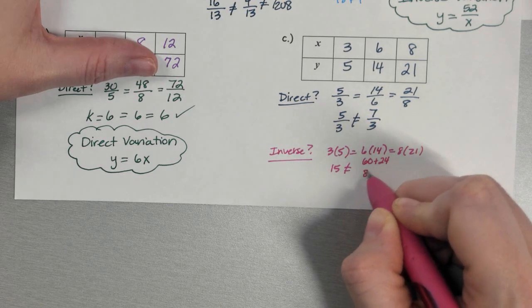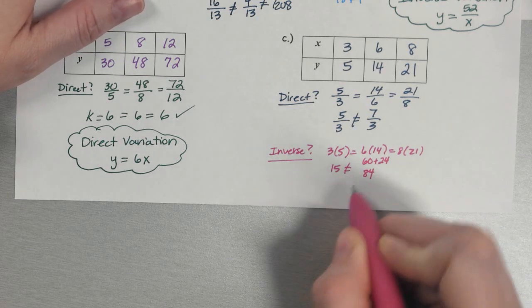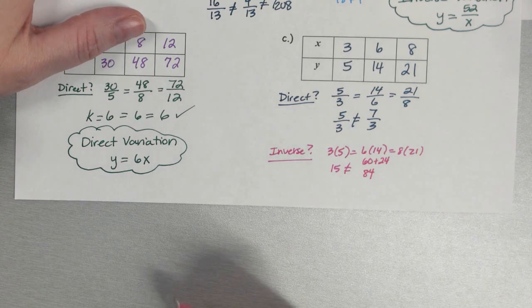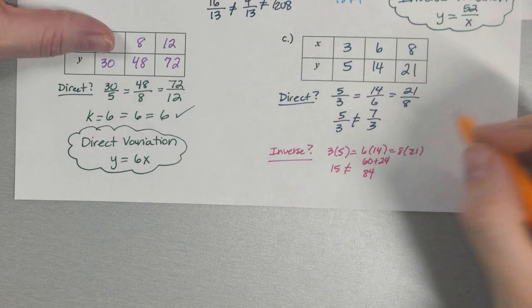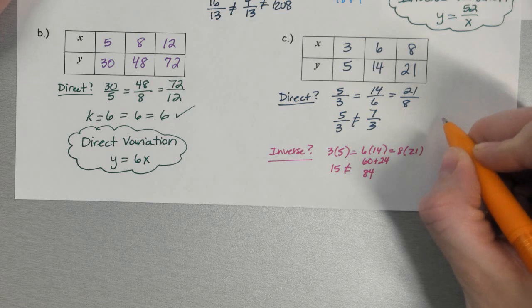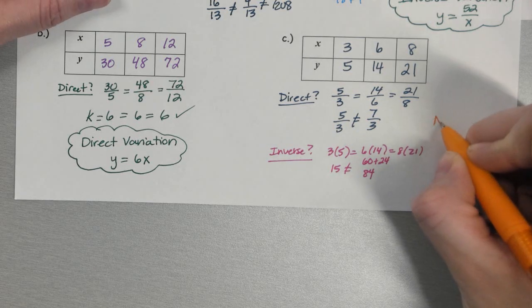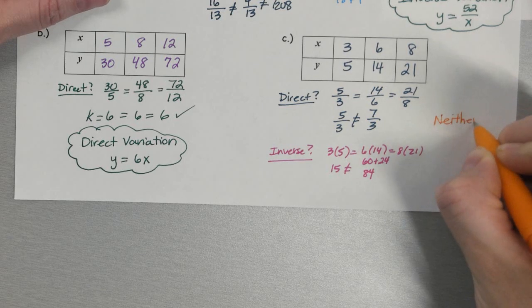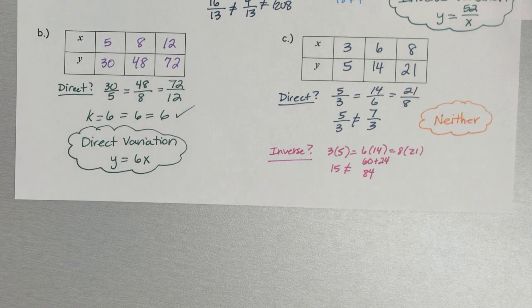So this would be 84. Those won't work. Okay? Once you know that it's not equal, it's okay if you don't do the last one. All right? So then what's our answer for this? Nope. So this one is only asking if it's direct, inverse, or neither. So this one will be neither. And if it's neither, you do not have to write an equation because you don't have an equation to write.